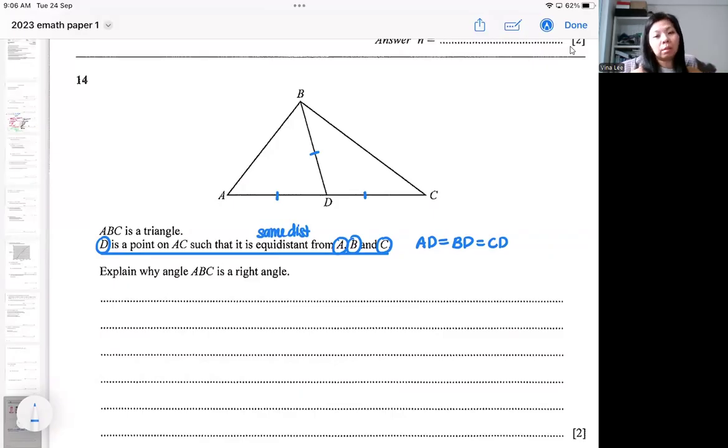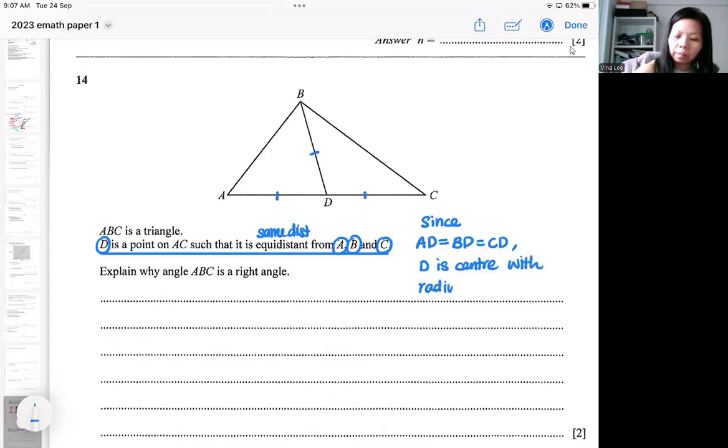So since these three lengths are the same, then we can deduce that D is the center with radius AD, or you can, of course, say BD, or you can say CD.